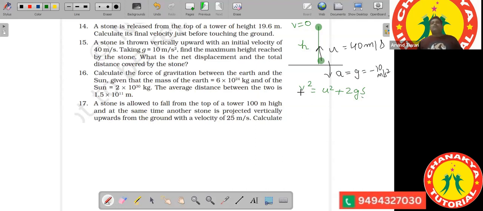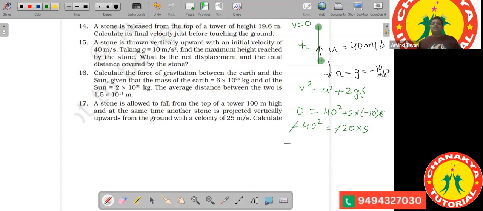Okay. So our final velocity v is 0 equals u, which is 40 squared, plus 2 times g. g is -10, and multiply with displacement s. Transpose this 40 squared to the other side, it becomes -40 squared equals -20 into s. So the minus gets cancelled.